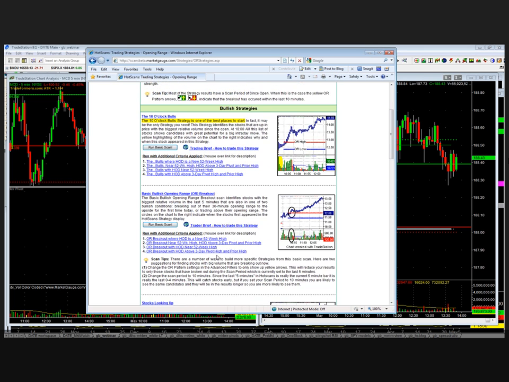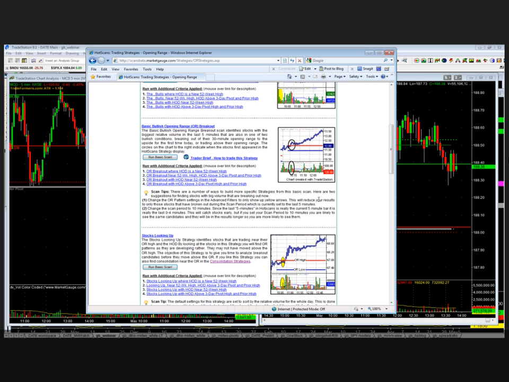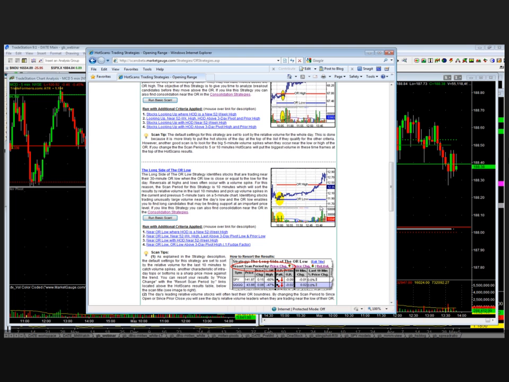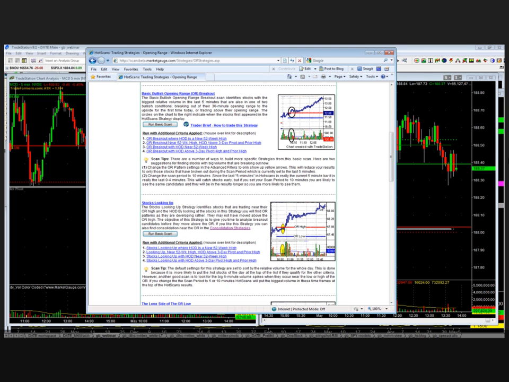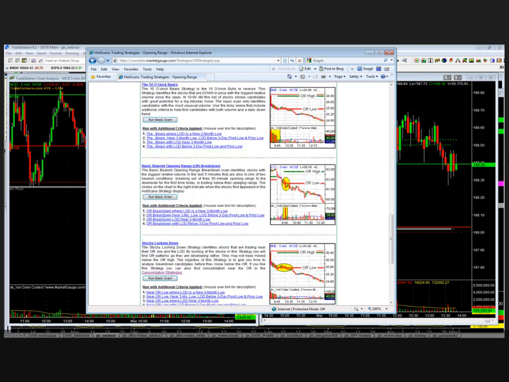All right, now the HSP example is looking at the breakout scan when the markets are lower, or stocks looking up when the markets are lower. Okay, so a short opportunity scan right now would be to look for the opposite, not the bullish strategies, but the bearish strategies, because the market may be putting in a kind of an opening range reversal here.